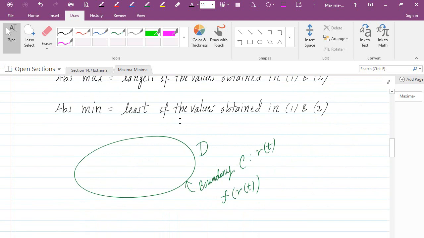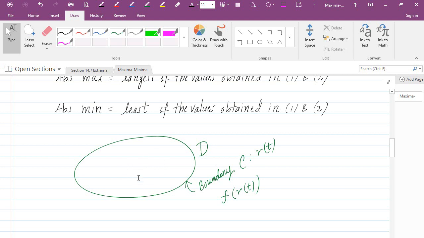So again, if we have a subset D of R2 where D has a boundary, and f is continuous on D, then the maximum or the minimum of f occurs either on the boundary or at a point interior to D where we have a critical point.